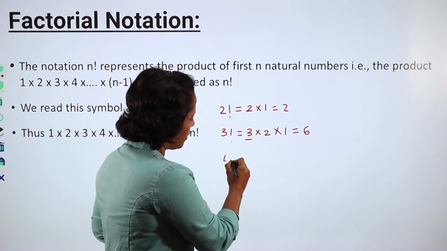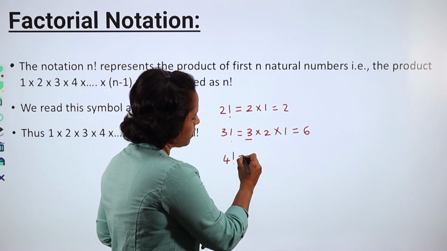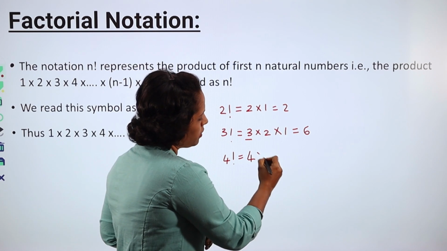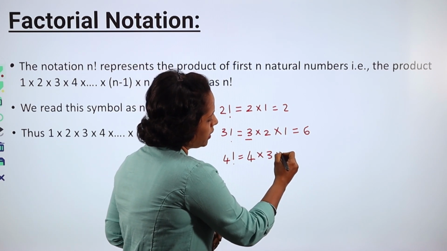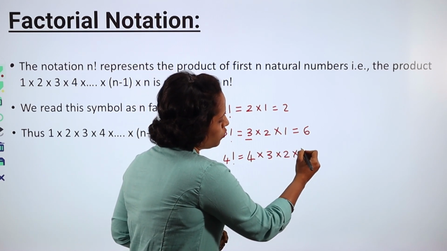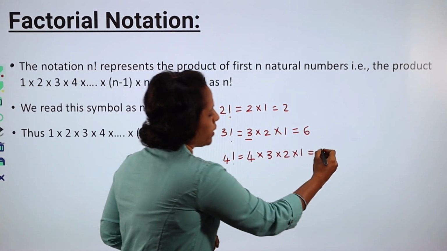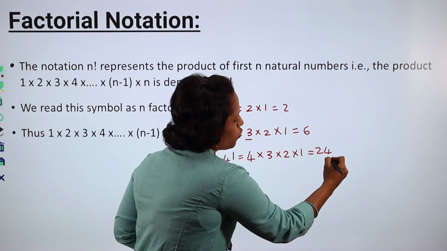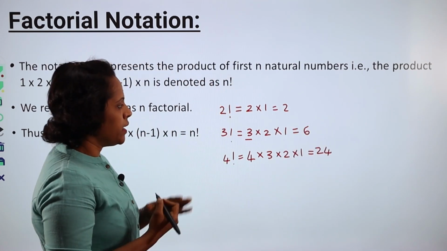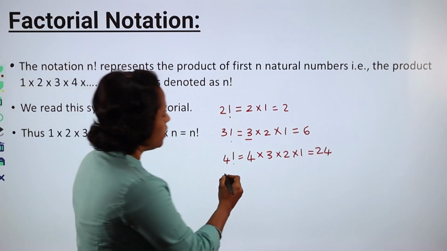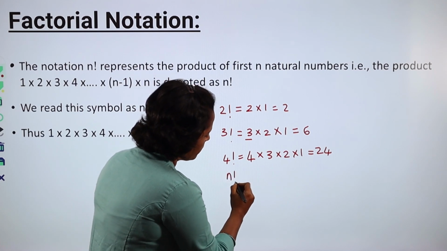So if we take 4 factorial, it will be 4 into 3 into 2 into 1. 4 3s are 12, 12 2s are 24, 24 1s are 24. So 4 factorial is 24. In the same way, what is n factorial?